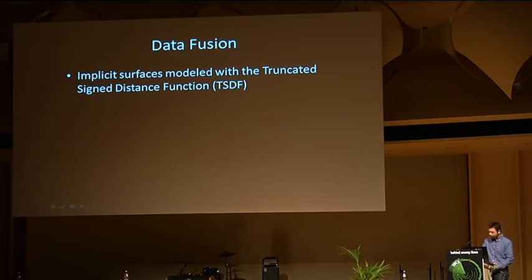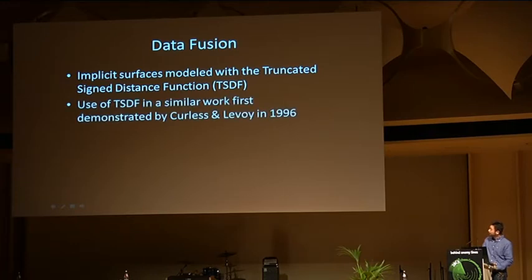So the model we use is called the truncated signed distance function. And this was first demonstrated about 15 years ago by Curless and Levoy. So they had a similar system, but it worked much slower and it had a much lower resolution.